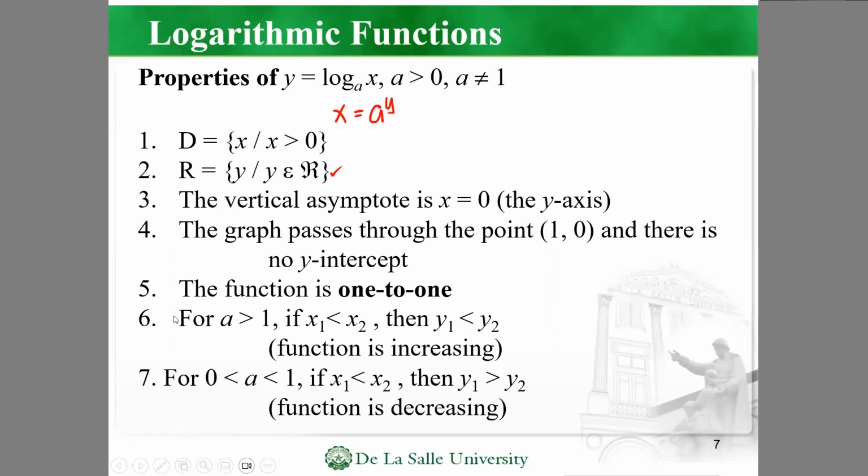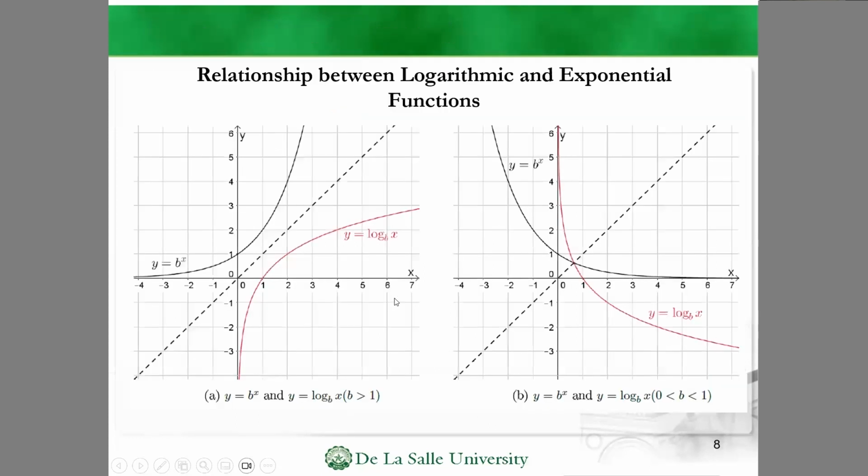Tapos ito do take note of 6 and 7, yung increasing and decreasing trend. But with me, I don't memorize this. What I do is I try plotting. Look at this, guys. Y is b to the x at saka y is log b to the x. What do you notice? What's this 45-degree line? What does it indicate, guys?